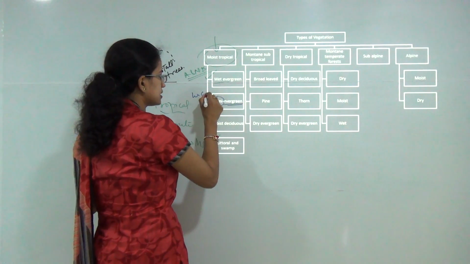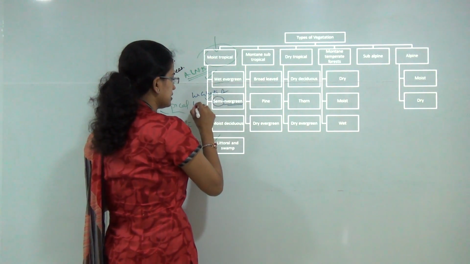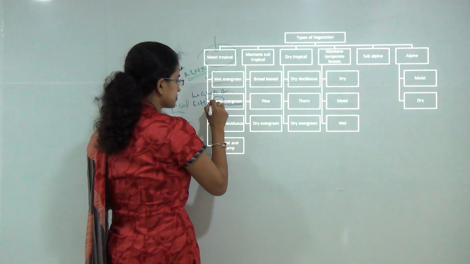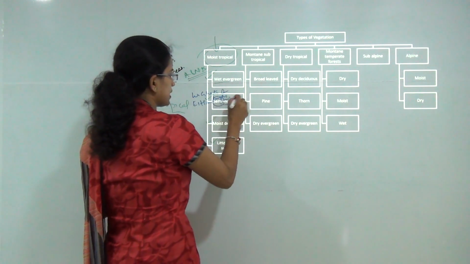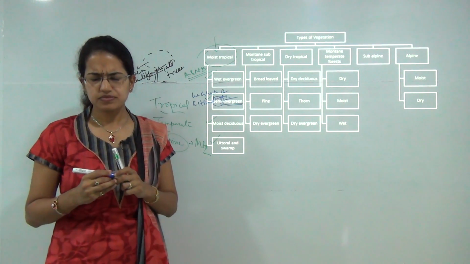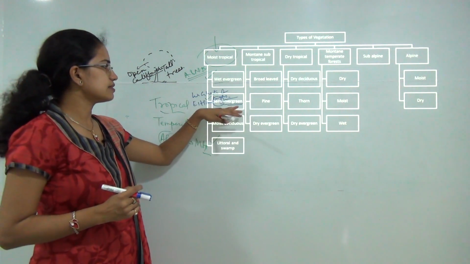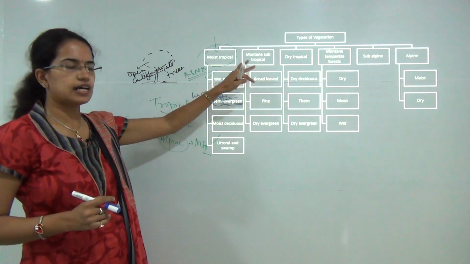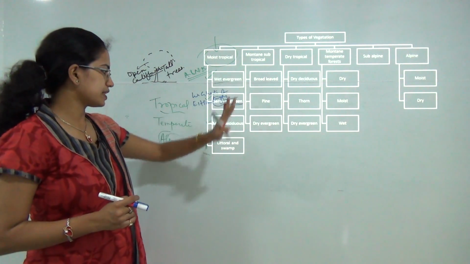So you have the Western Ghats and East Himalayas as the main areas where you will find semi-evergreen vegetation. It is again dense, but not as dense as the wet evergreen forest.